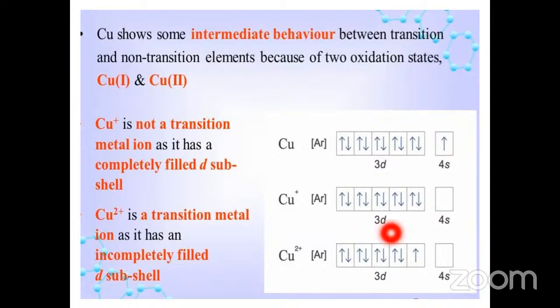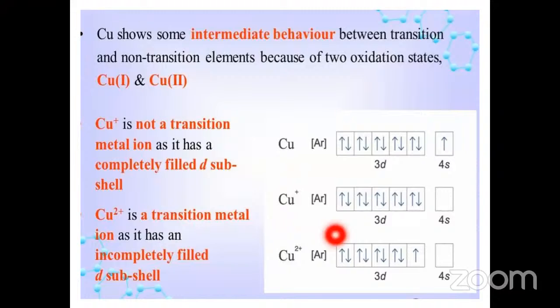It is a transition metal ion because it has an incompletely filled d subshell. Cu+ has the completely filled d subshell, so it is not a transition metal ion.